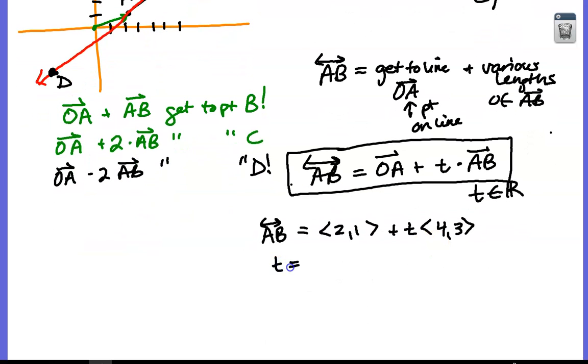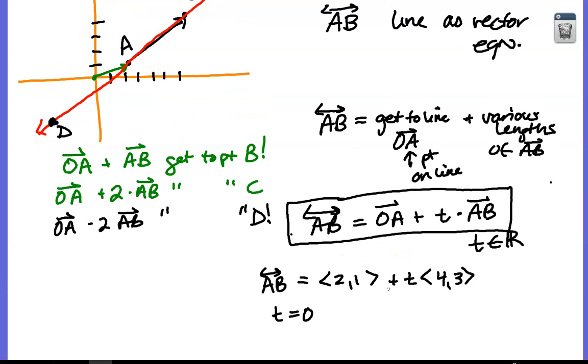Then if you plug in various T values, you'll move along that line. Like if T is 0, let's see where that would get you. That means that you don't go any in this direction. It would get you to 2, 1, or A. That should make sense. If I go 1, then I would go the full length of AB. So where would that get me? 6, 4, or it would actually get me to B, which should again make sense.